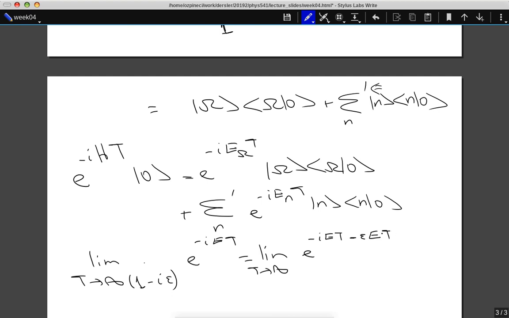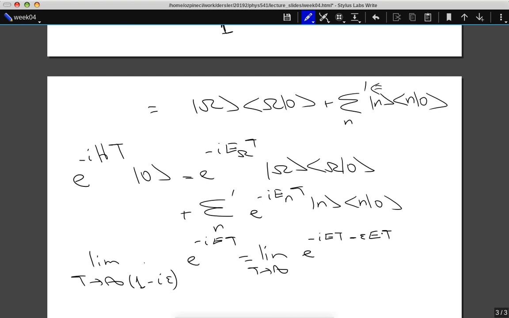So as t goes to infinity, the first term in the exponent is oscillating, but the second term in the exponent causes suppression. As t goes to infinity, epsilon, eventually we will take the limit as it goes to 0, but we first take the limit t goes to infinity. So all the terms, all those exponents will actually go to 0.